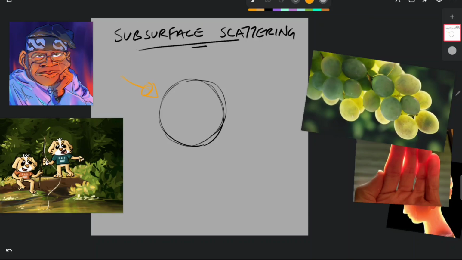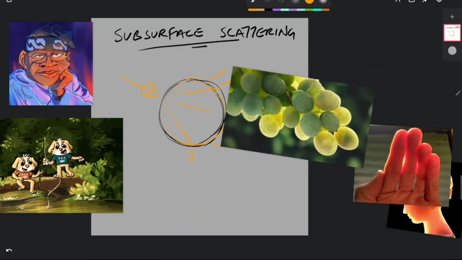It goes through the object, it comes in, and then pushes out, exits from the other side, and it creates a nice effect. I have some examples here for us to look at.